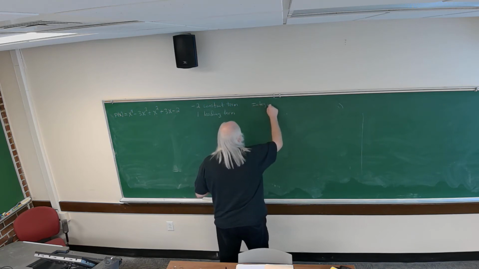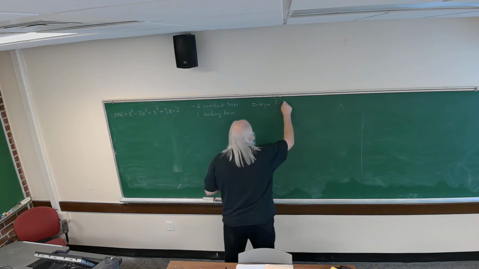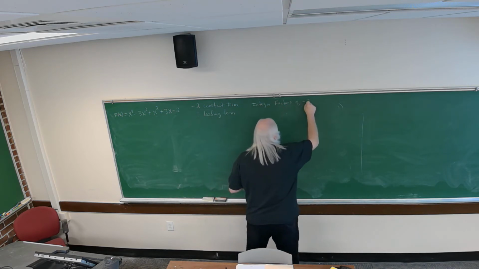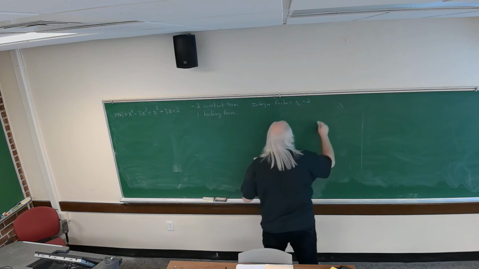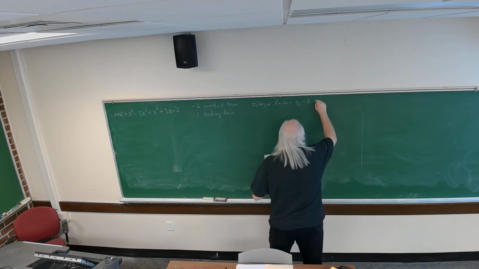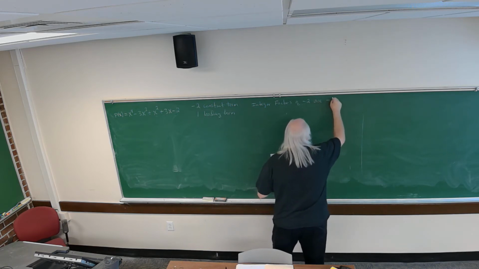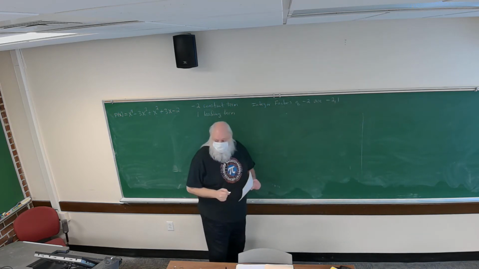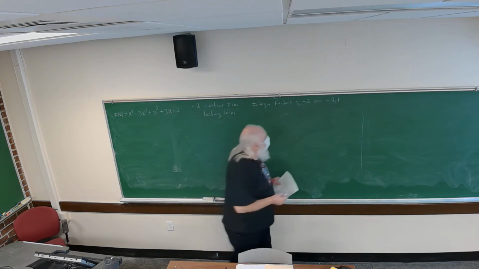The integer factors of minus 2, the constant term, are minus 2 and 1, or two factors, right? Because minus 2 times 1 is minus 2.